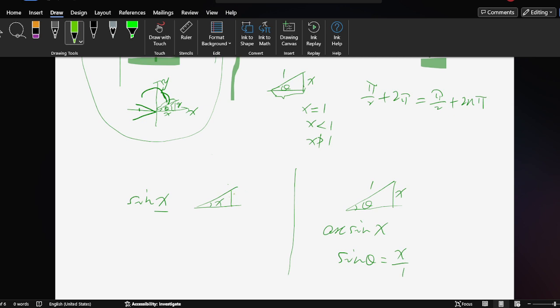This means arcsine x. And here, sin x is here. For example, this we call A, this is called C. Sin x here equals A over C. So that is a different meaning. So how to remember this? This definition you should remember.